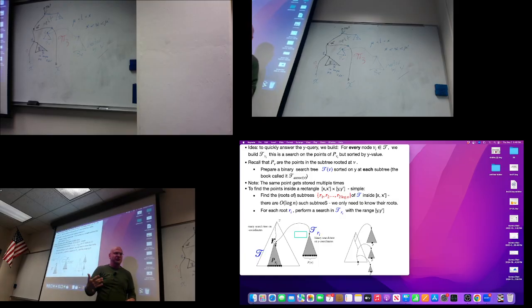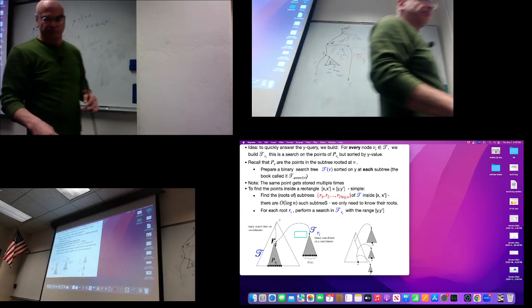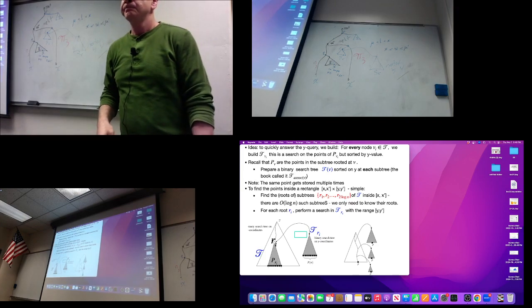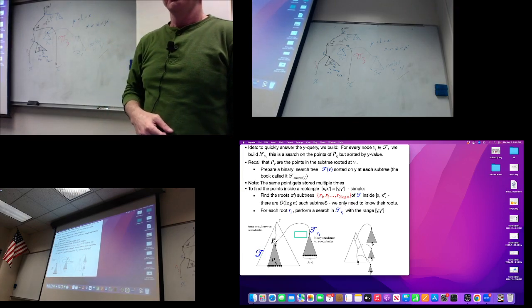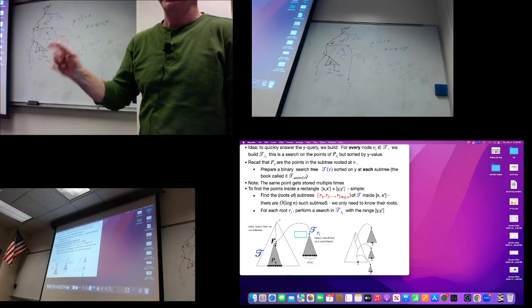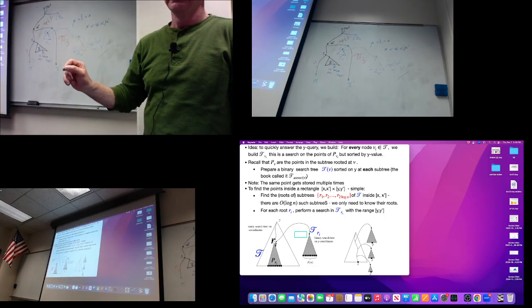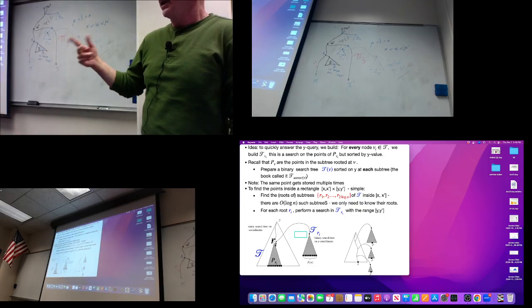So the overall search time will be log square n. For every node in the main trees that are in range, do another log n search in this subtree.